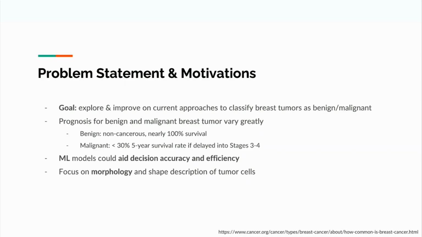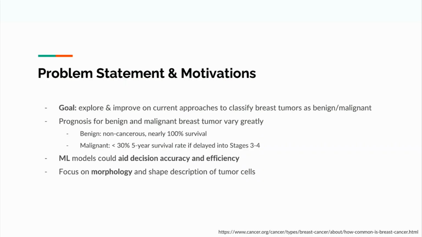So why is this topic important? It's important because breast cancer is the most common cancer for women in the US, according to the American Cancer Society. It accounts for around 30% of all new female cancers, and it affects around 30,000 people per year.